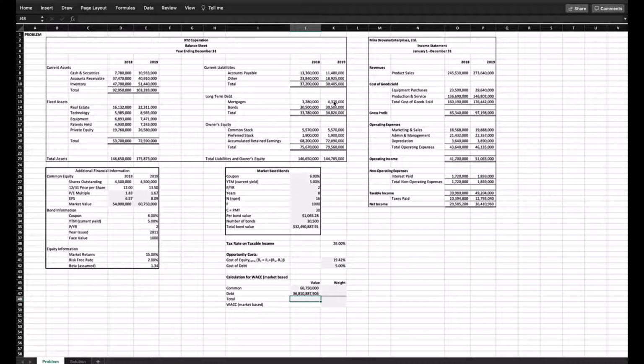And to figure out the total, we just sum, and then we just need to calculate the weights. So obviously this divided by this is going to be 100, and the weight for here is just going to be the common divided by the total, and then this debt divided by the total, and that is complete.